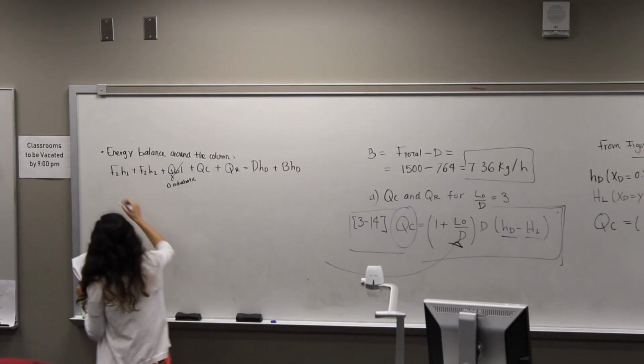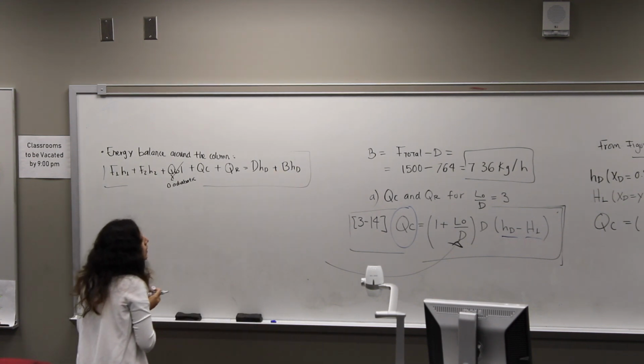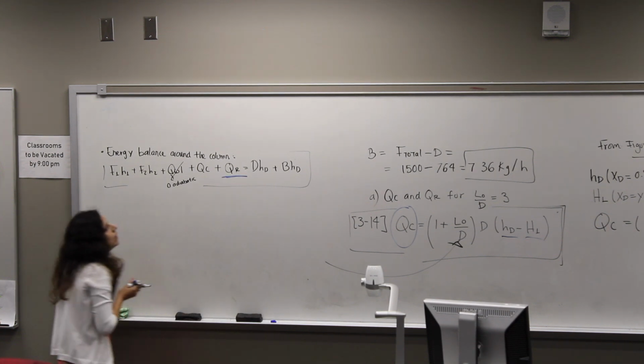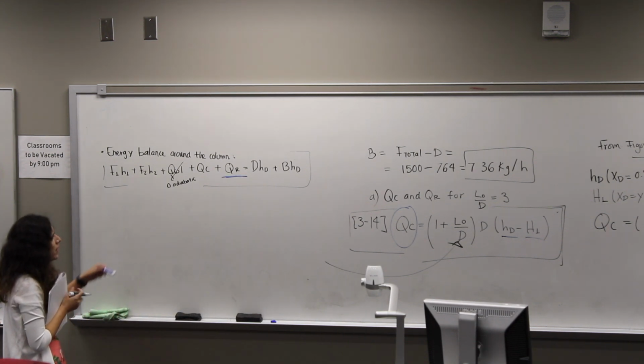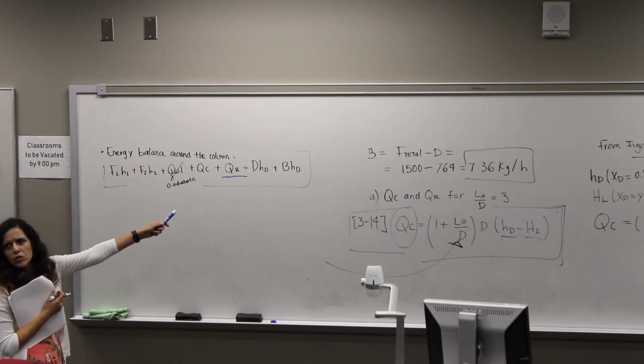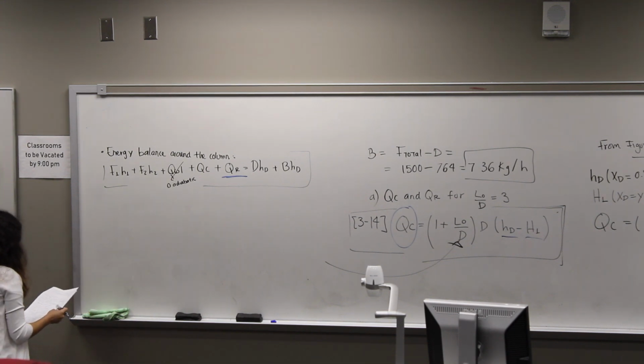So this would be our overall mass energy balance. And as you can see, it contains some amounts that we don't know. We have defined the condenser, we know the feeds, we just don't know maybe some of the enthalpies.